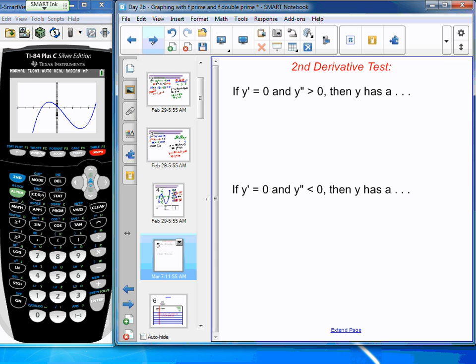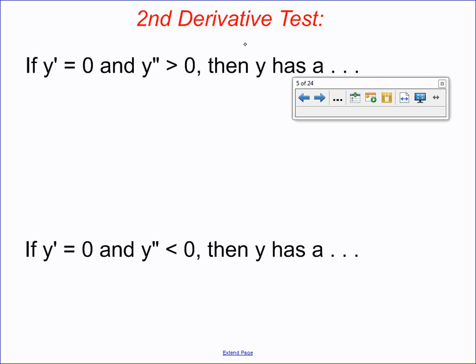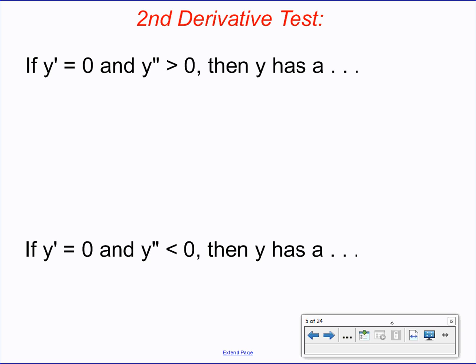So take a look at the second derivative test. This is not on your note sheet. I added it last class after deleting it from our graphing slides, to do one thing at a time. So we need to add this somewhere, okay? The second derivative test is a means for determining local extrema, based on the interplay between y prime and y double prime, the first and second derivative.